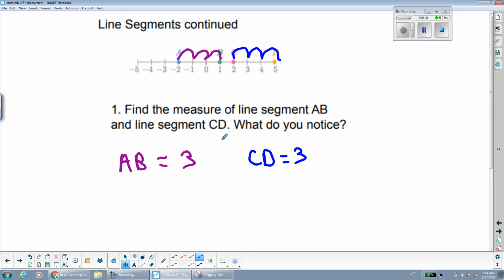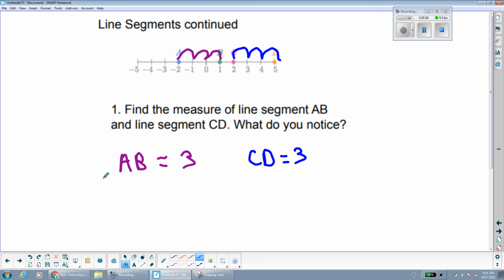Notice that I didn't put the bar notation over the line segment name this time. That's because when we're talking about measurement of the line segments, we leave that notation off. So this over here is actually read as the measure of AB instead of line segment AB.